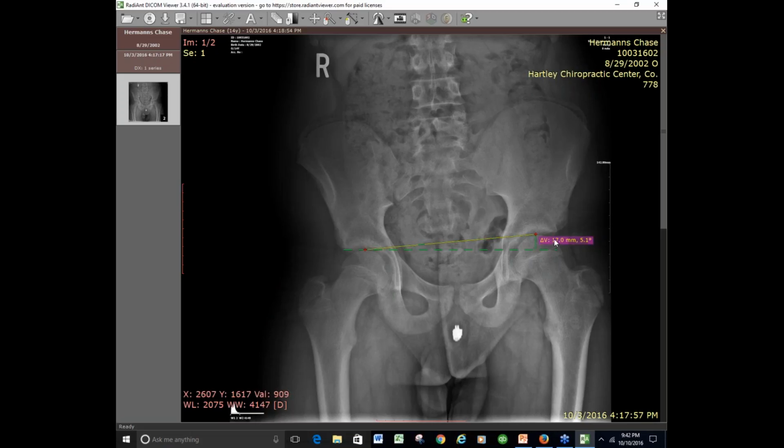Again, ballparking it, 17 millimeters of leg length inequality. Again, I'm doing a very gross job, but the idea is there. Come down to stack. There we go. So 17 millimeters of leg length inequality.